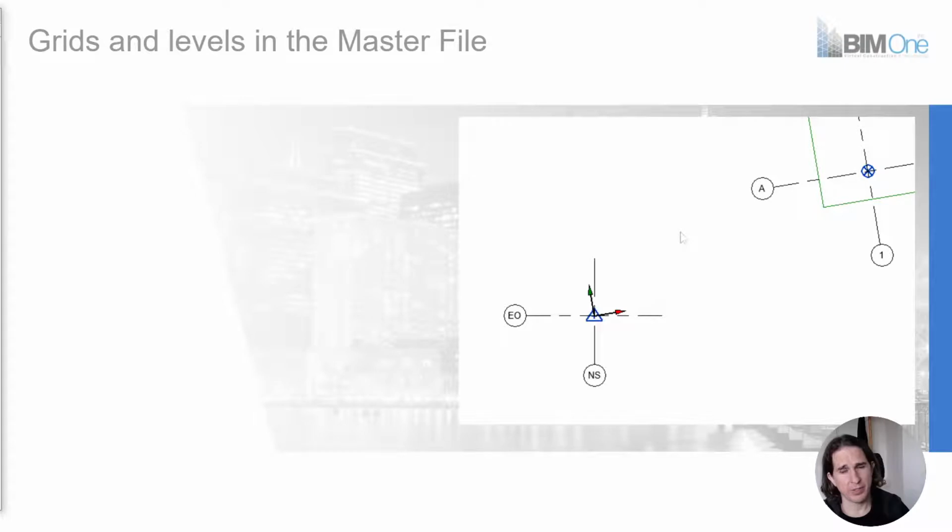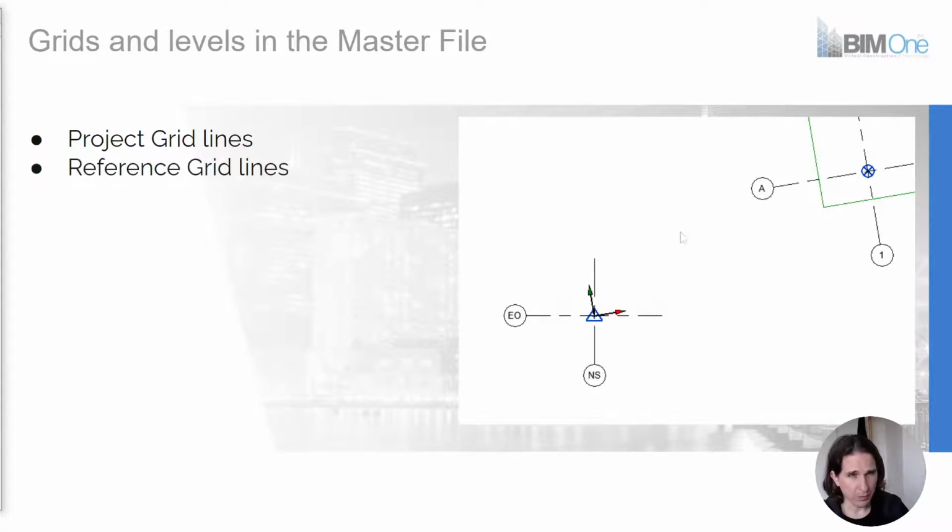Now we'll start putting the grids and levels in the master file. You would have the project grid lines, the basic ones, A1, A, and go on from there. You could also use some reference grid lines, like in that example, north, south, east, and west on the chosen geodetic marker, according to the orientation of the geographic north, for future reference.